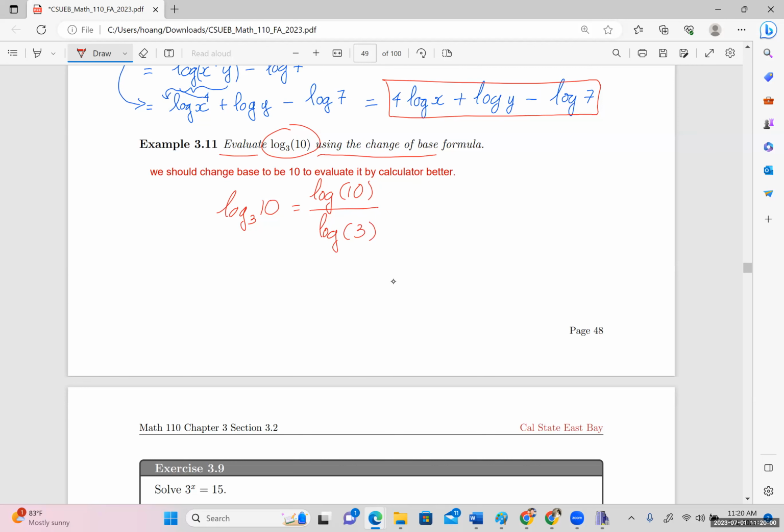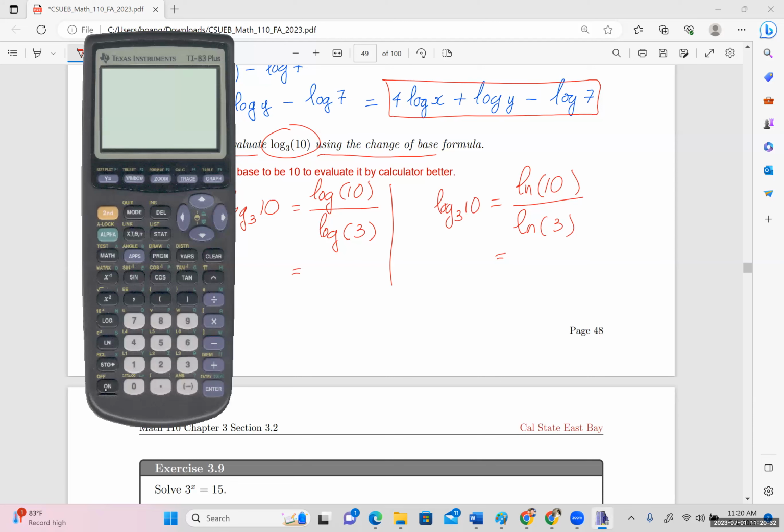Okay. Another way you can do is you change to be natural log, right? You have natural log of 10 divided by natural log of 3, and it should be the same answer. And you will get the answer, using the calculator now.